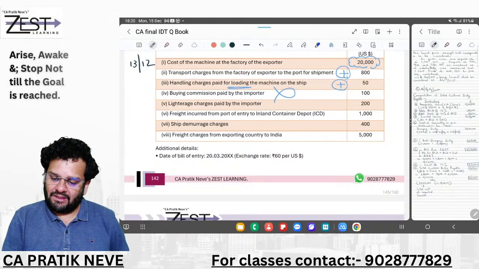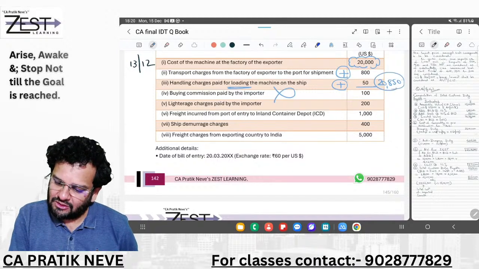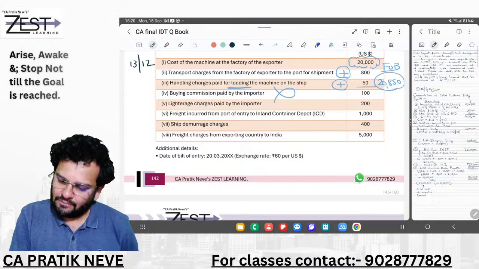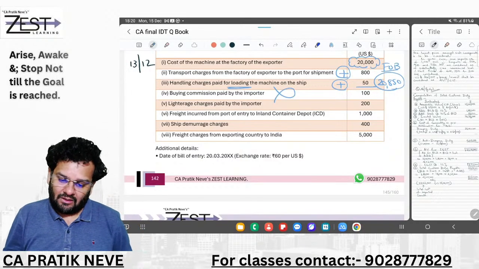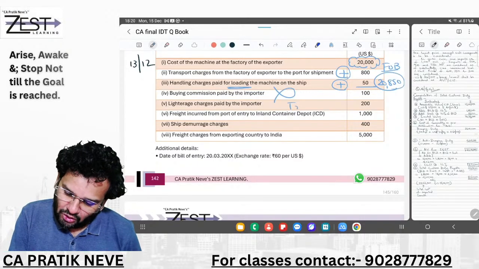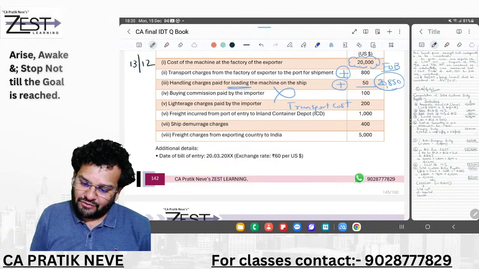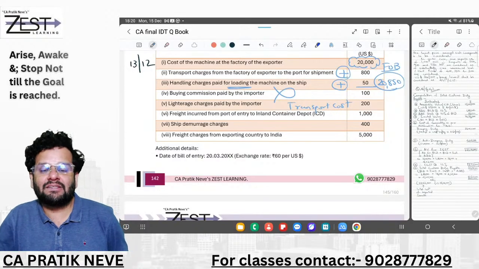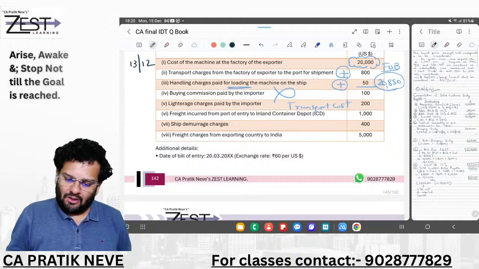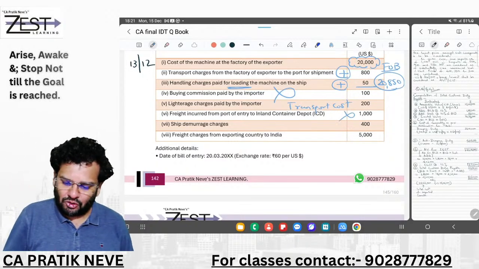Okay, so basically till this point, this 20,850 is your FOB value. Now lightweight charges is a part of transport cost. Freight incurred from port of entry to inland container depot: this will be neglected because this is post-importation transport cost.